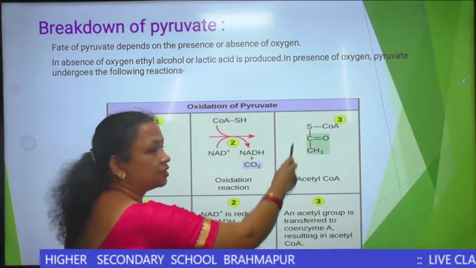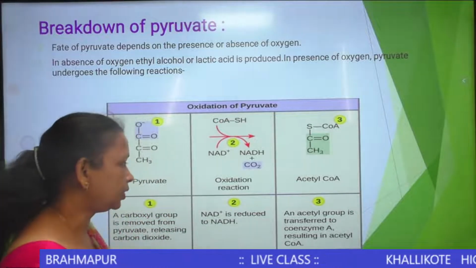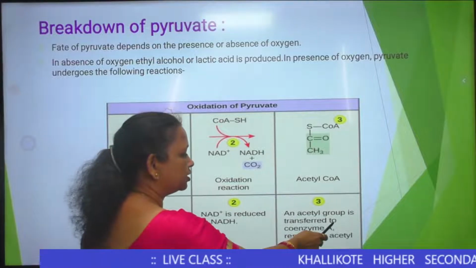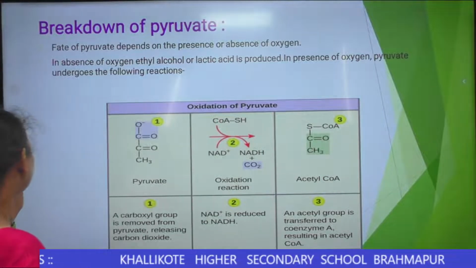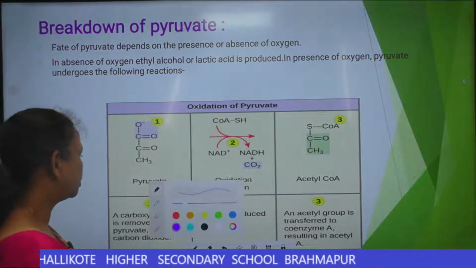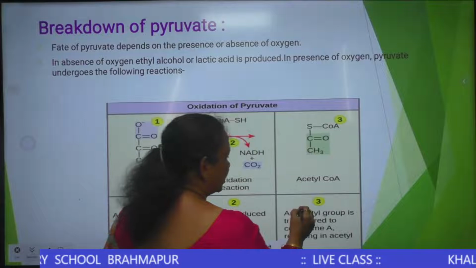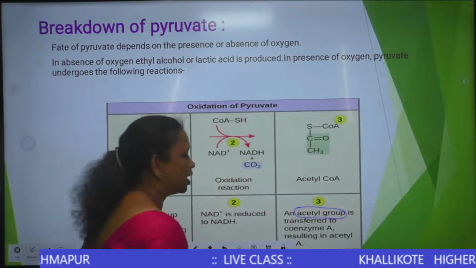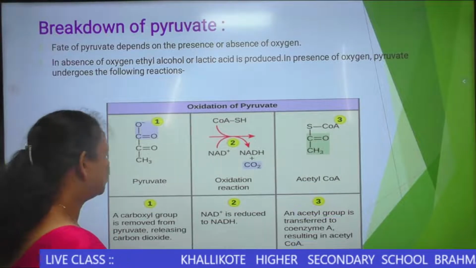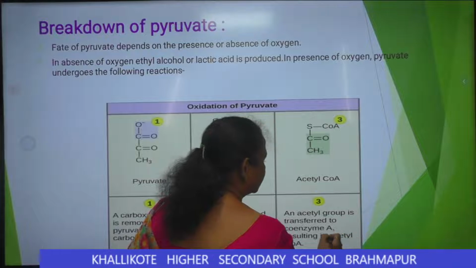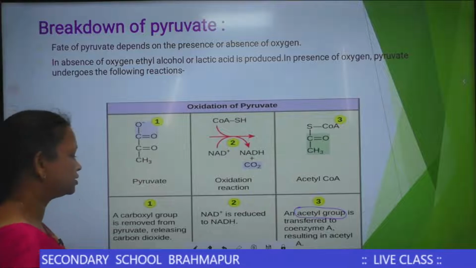This is the acetyl group with 2 carbons and this is acetyl coenzyme A. So an acetyl group is transferred to coenzyme A, resulting in the formation of acetyl coenzyme A.